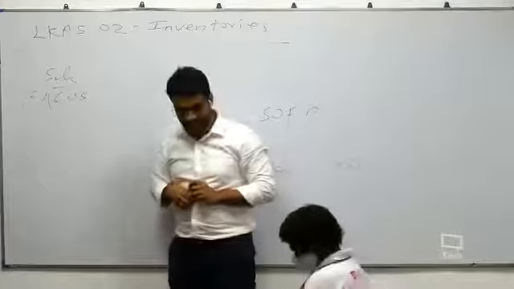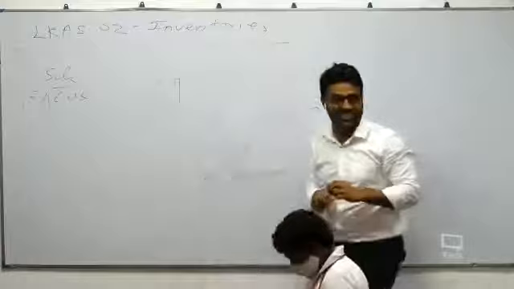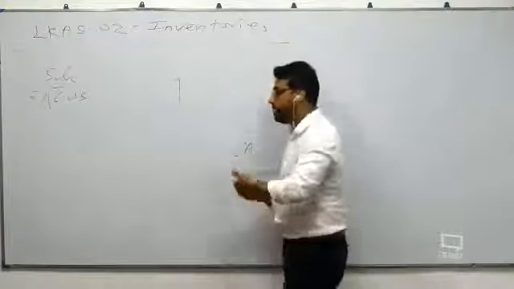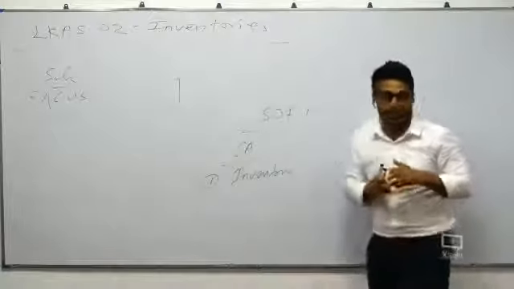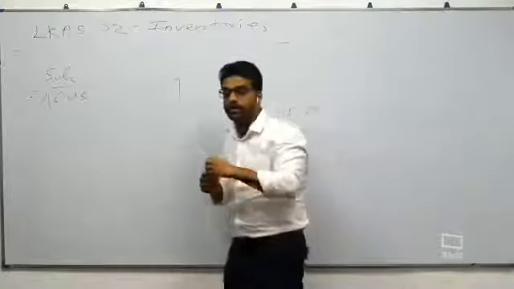Guys who have done UK exams like CIMA, ACCA and all that, the treatment of that is different from treatment of local syllabus, right? Whatever you studied there, if you apply here, you don't get marks.